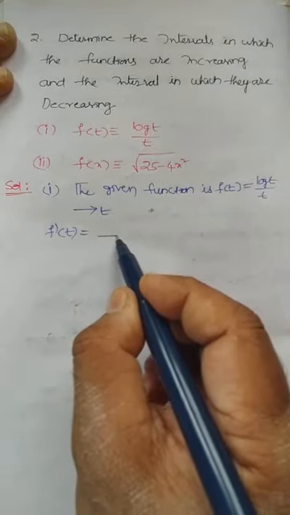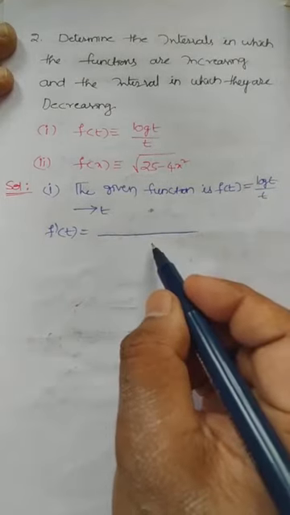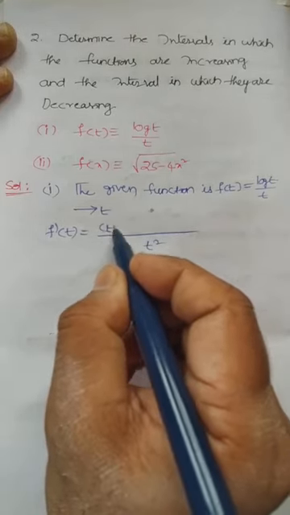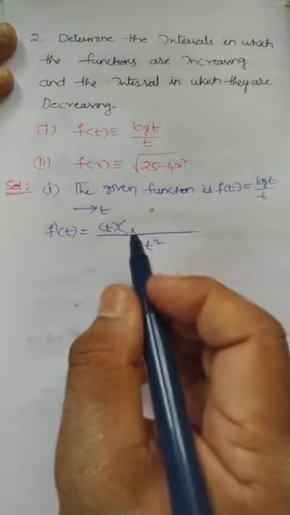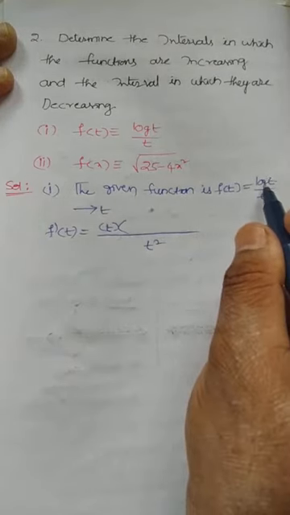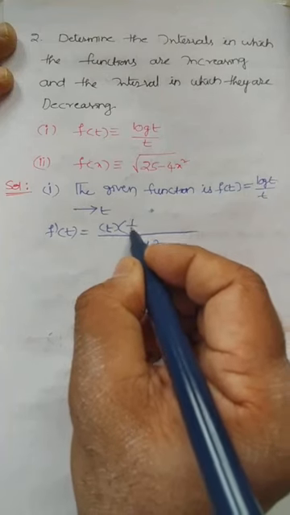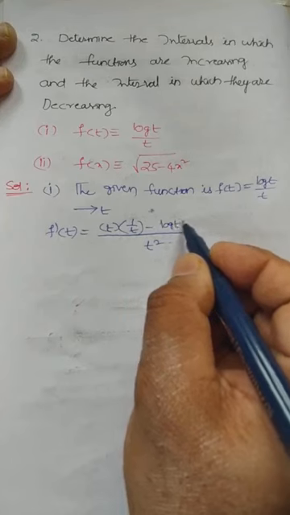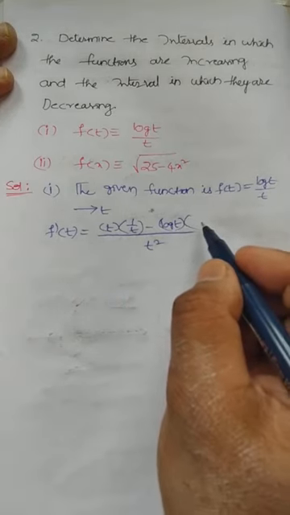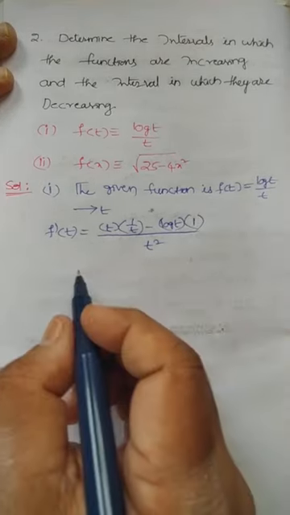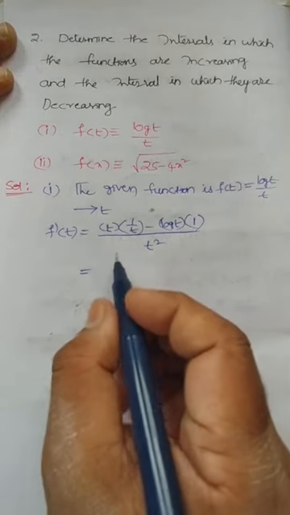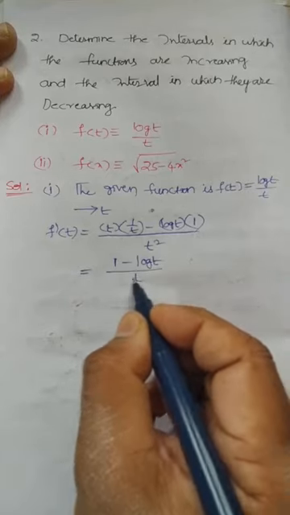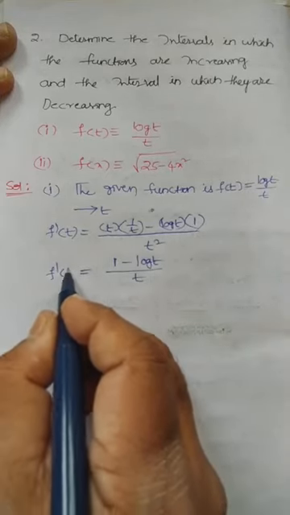In the denominator we would get v square. So v remains the same, and derivative of u: log t derivative is 1 by t, minus u remains the same, log t into derivative of v. t derivative is 1. So t gets cancelled. 1 minus log t by t square we got as f dash of t.